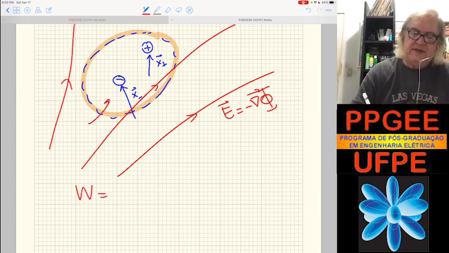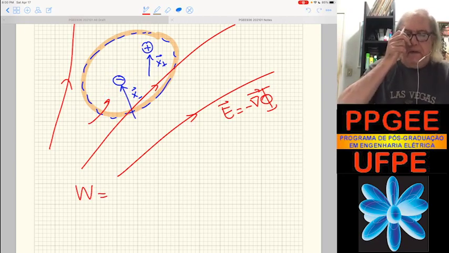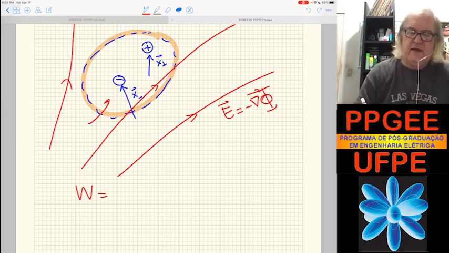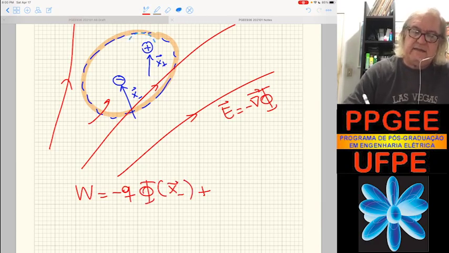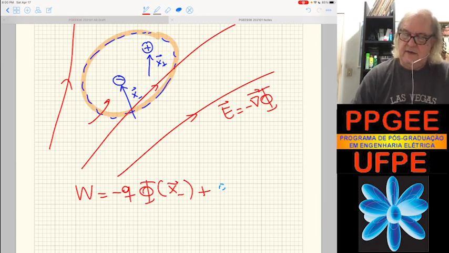Because the energy of this charge in the potential depends on its location, right? So it's minus Q times the potential at x minus, and the other one is plus Q.